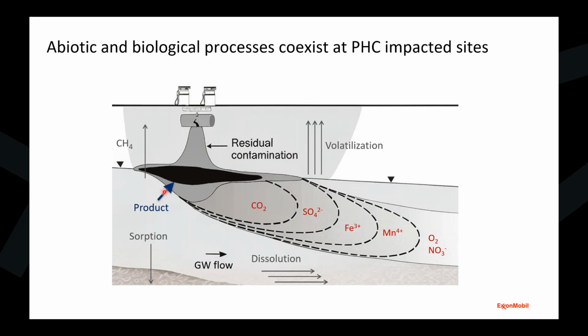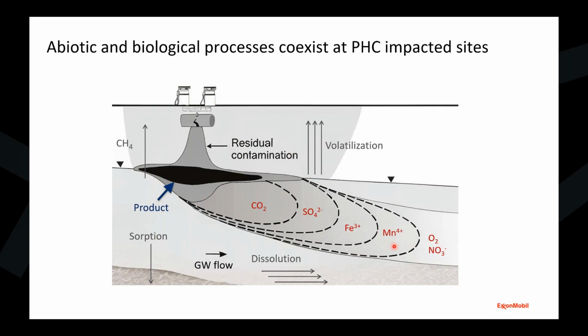Especially in the product phase, we can have also some methane production. And then in the groundwater plume, we have largely attenuation processes driven by microbes that are more often than not anaerobic processes, because good electron acceptors like oxygen, but actually also nitrate, are consumed pretty quickly, and then sulfate, iron, and manganese are left as anaerobic electron acceptors for microbial degradation.